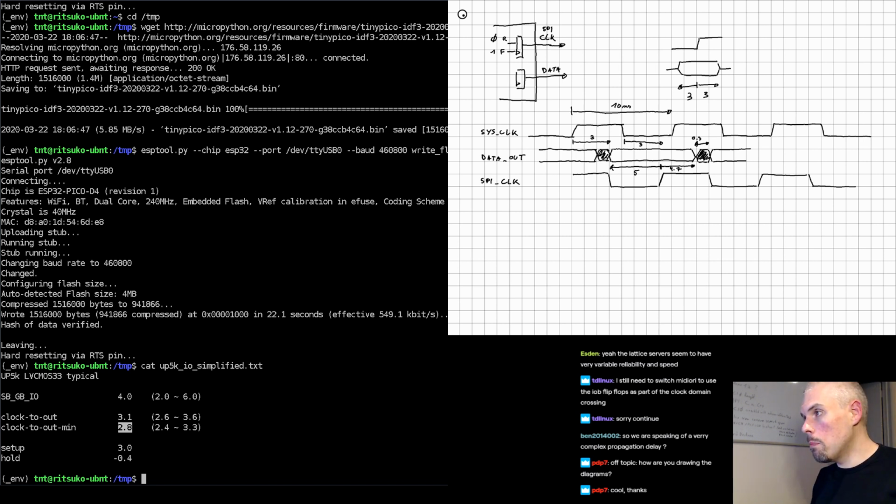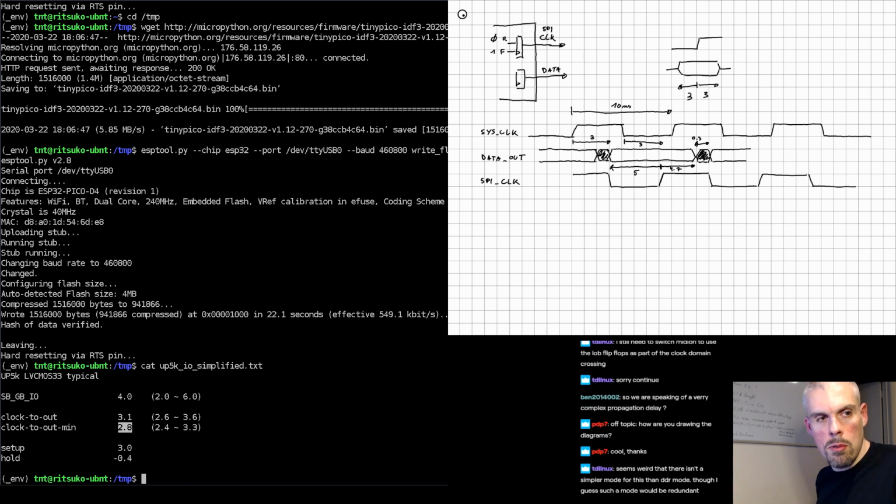Now, that pretty much works for any kind of output. Every time you need to output a signal, you can ensure that kind of margin just by design. Is there a simpler mode for this?